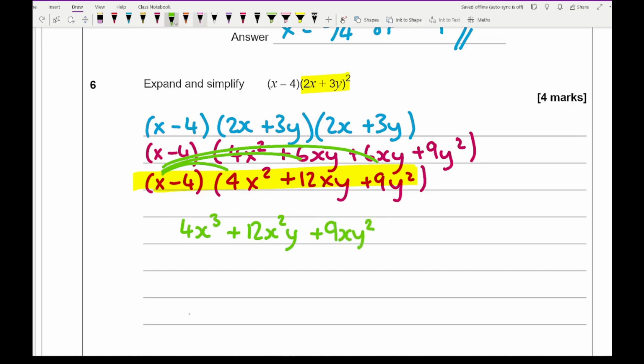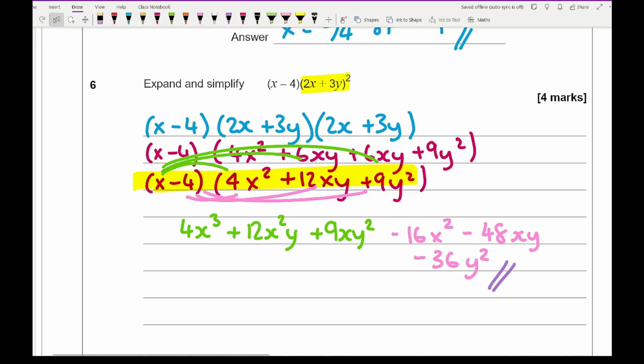And then multiplying out the minus 4, I end up with minus 16x squared minus 48xy and minus 36y squared. And then it's just a case of checking if any of those simplify. None of them do, so there is my final answer.